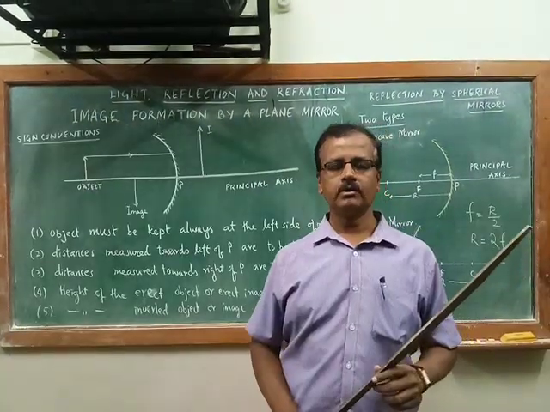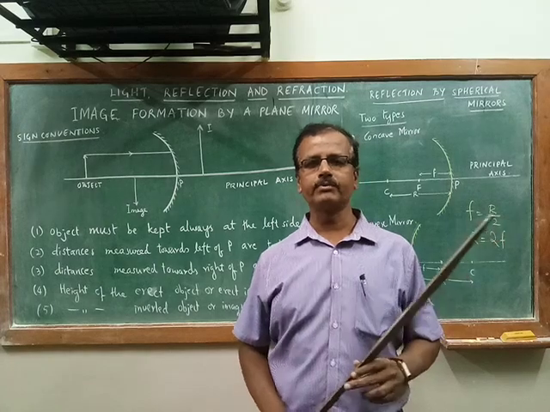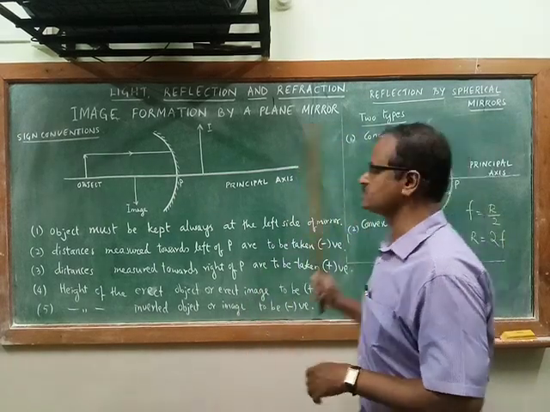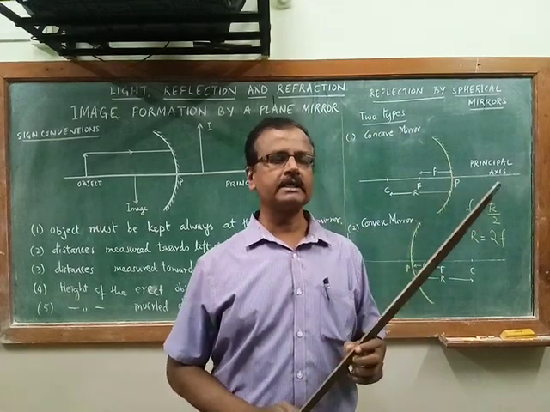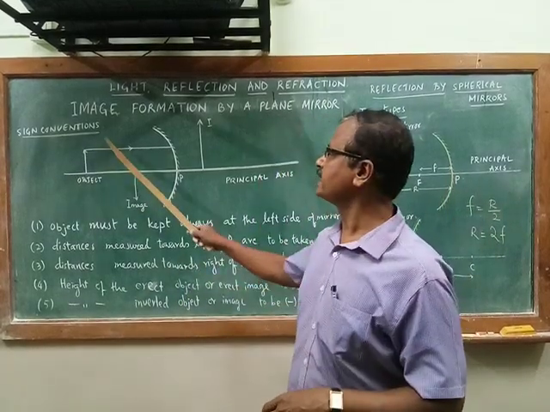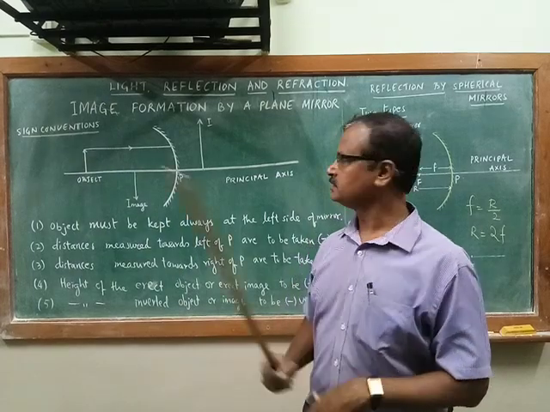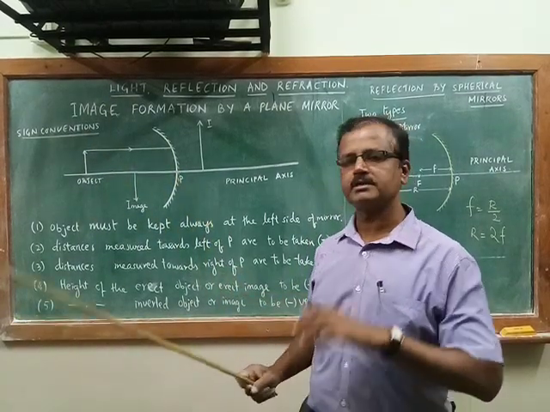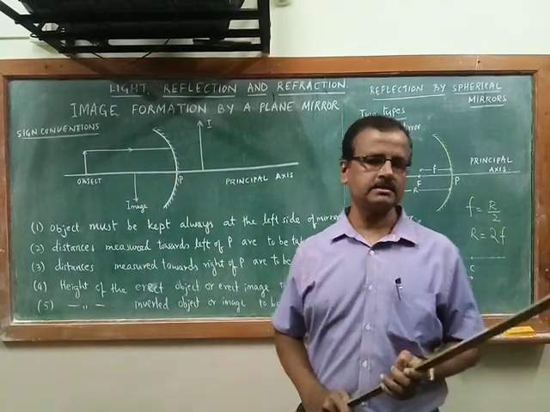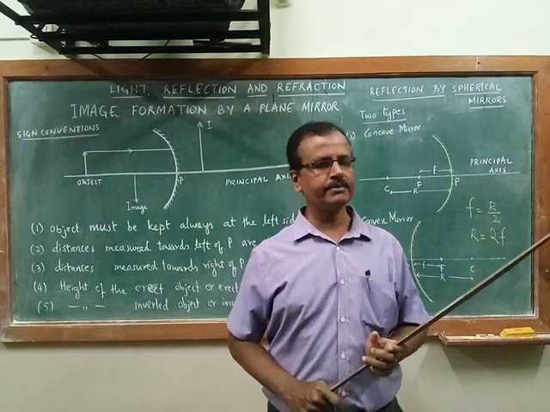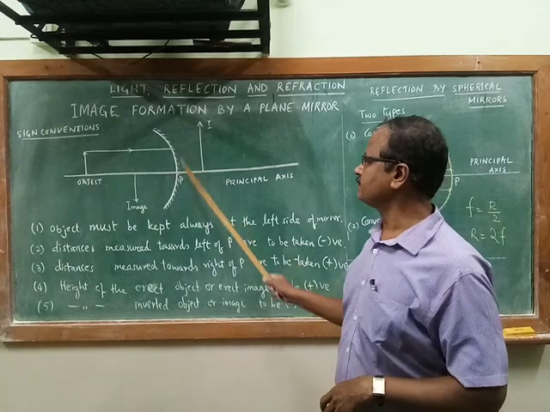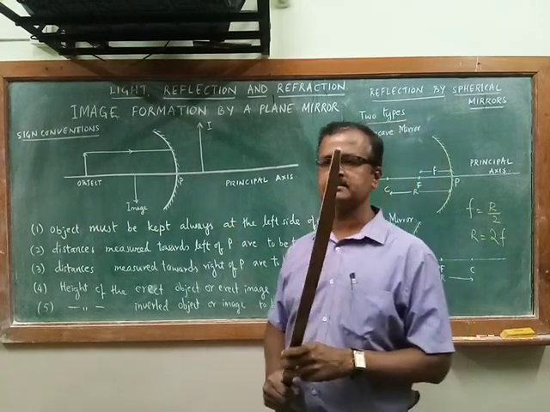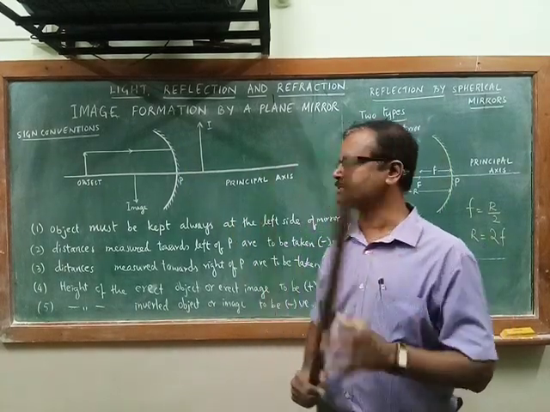Okay. Now before we study the image formations by a concave mirror and a convex mirror, first let us learn the very important sign conventions, the sign conventions for the measurement of object distances and for the measurement of image distances. Here, the pole of the mirror must be considered as the origin of the coordinate system.